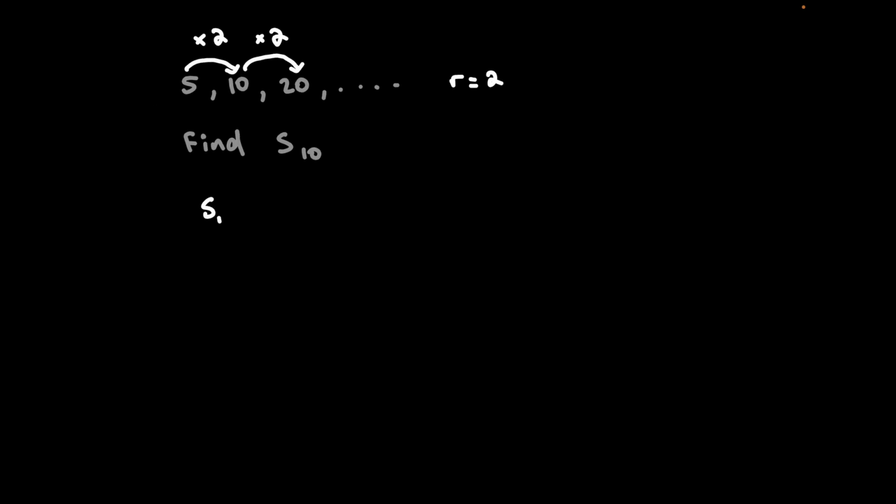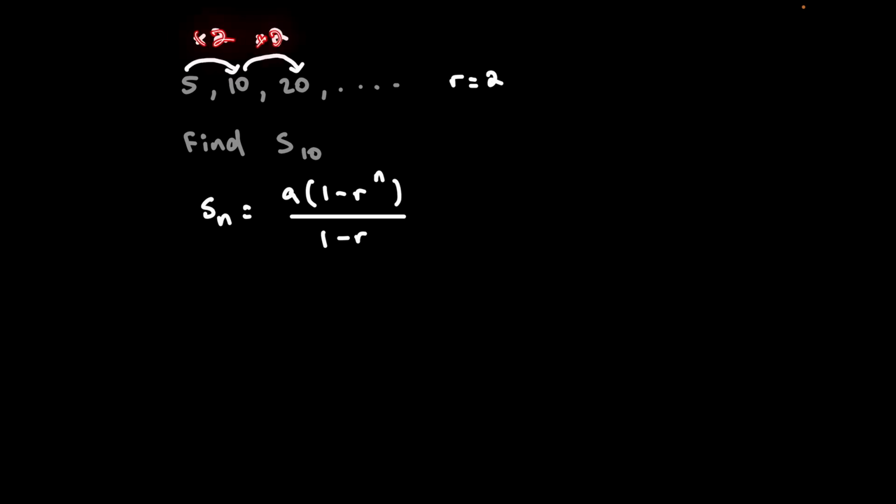So the series equation equals a, the first term in the sequence, times 1 minus r, the common ratio, to the power of n, divided by 1 minus r. And again, r cannot equal 1. In this case, we can clearly see that r is 2.